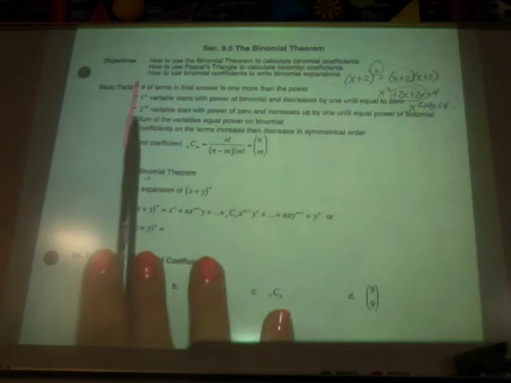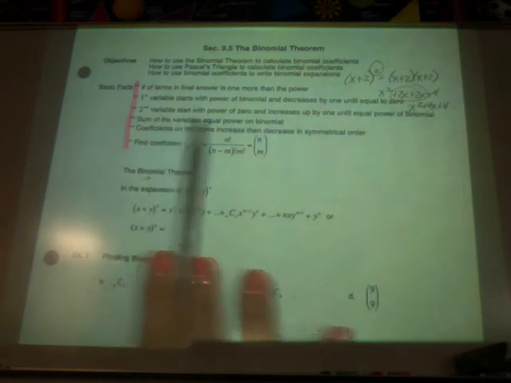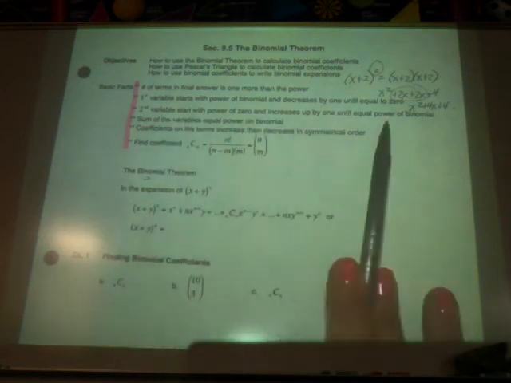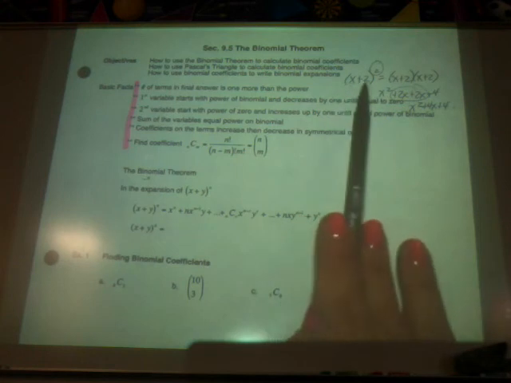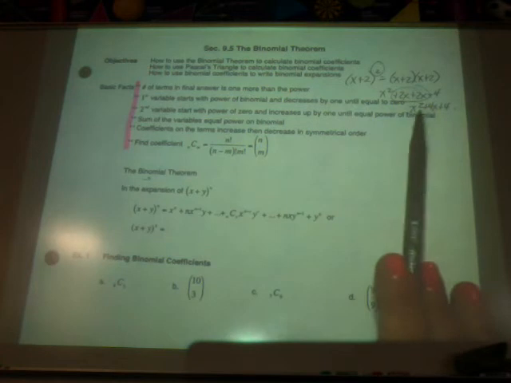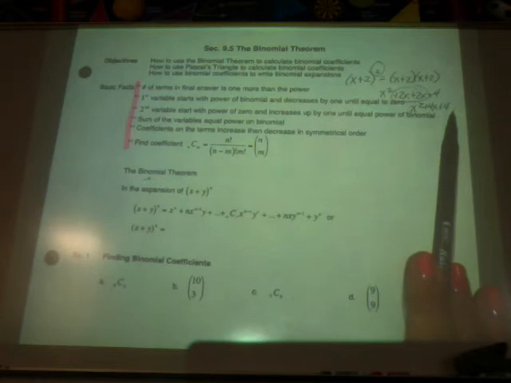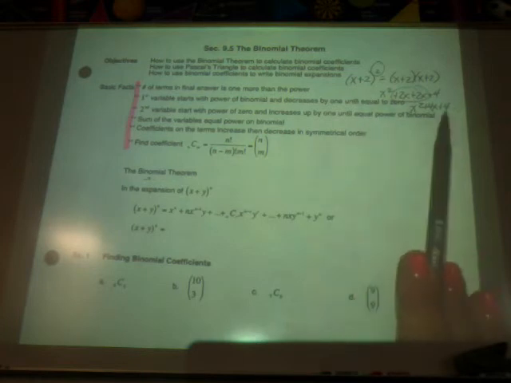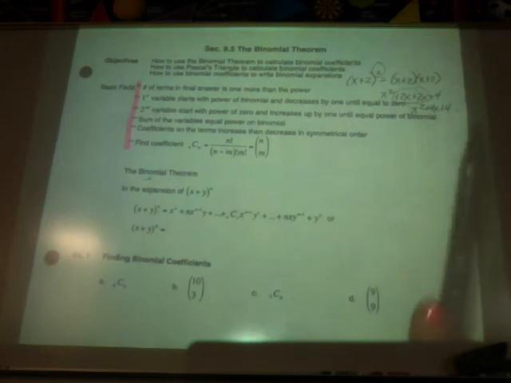Then it says the second variable will start with a power of 0 and increase up by 1. Well, the second variable is this one. It's your constant. So what they're saying is that constant starts here with 0 and goes 0, 1, 2. Well, what's 2 squared? 4. You'll see how that works in a minute.